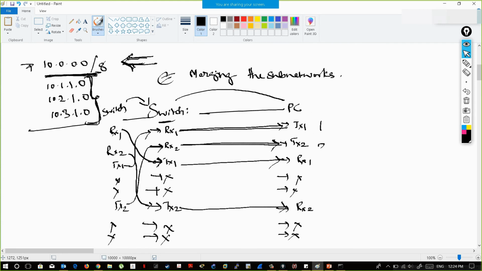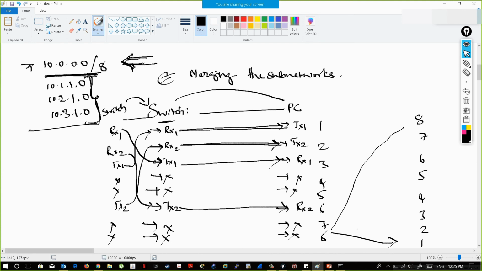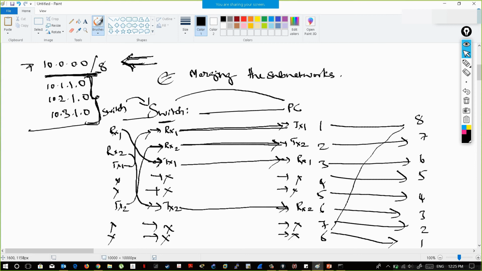One, two, three, four, five, six, seven, 8. In rollover, what happens is 8, 7, 6, 5, 4, 3, 2, 1. 8 will be connected to 1, 7 will be connected to 2, 6 will be connected to 3, 5 will be connected to 4, 4 will be connected to 5, 3 will be connected to 6, 2 will be connected to 7, 1 will be connected to 8.